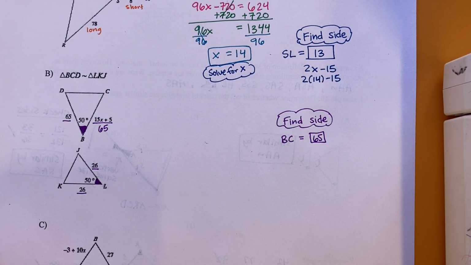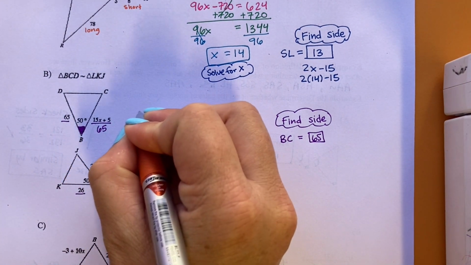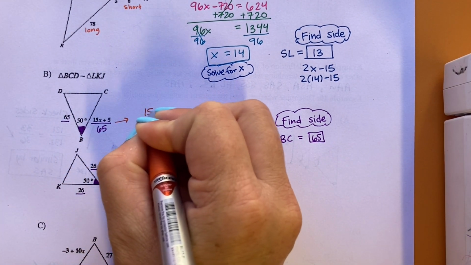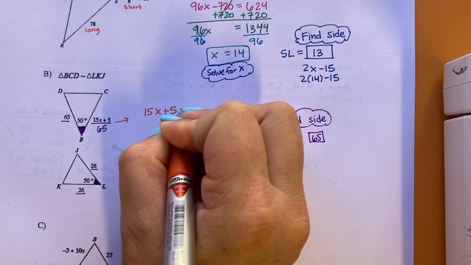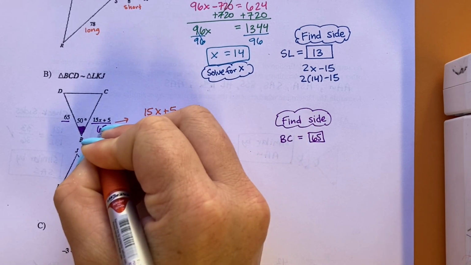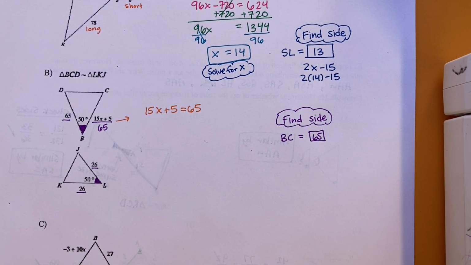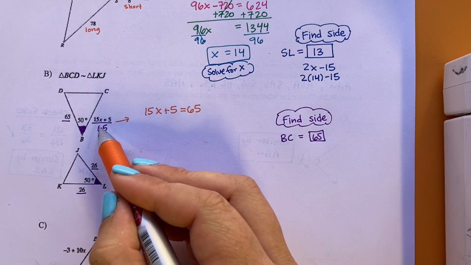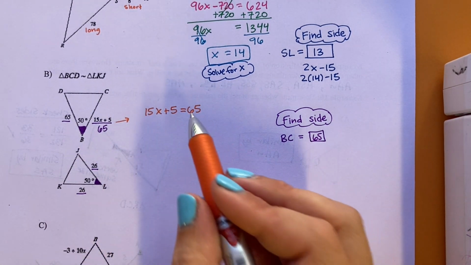If they ask me to solve for x, then I could say that 15x plus 5 should equal 65. I don't have to set up a proportion because I know they should be equal from the start.